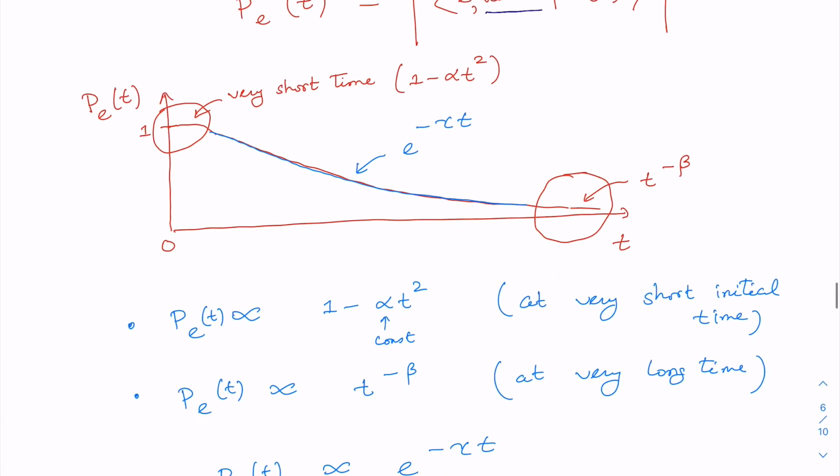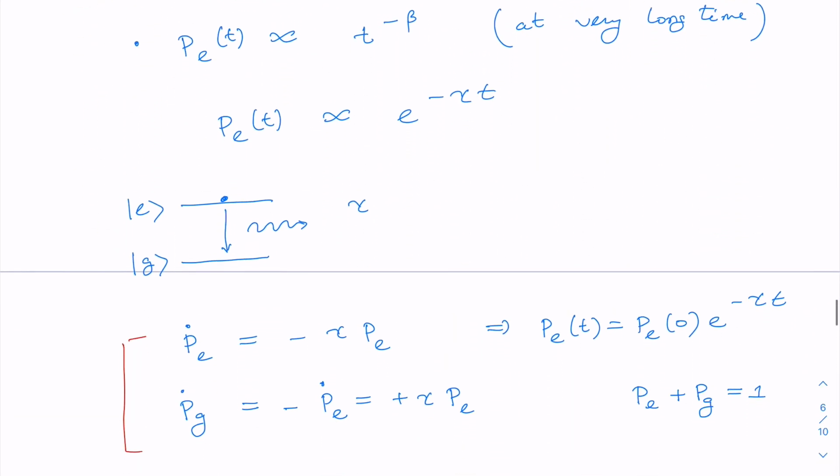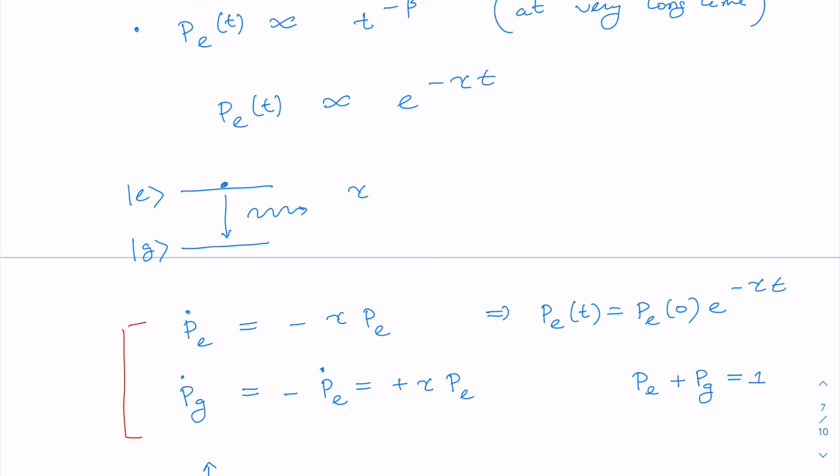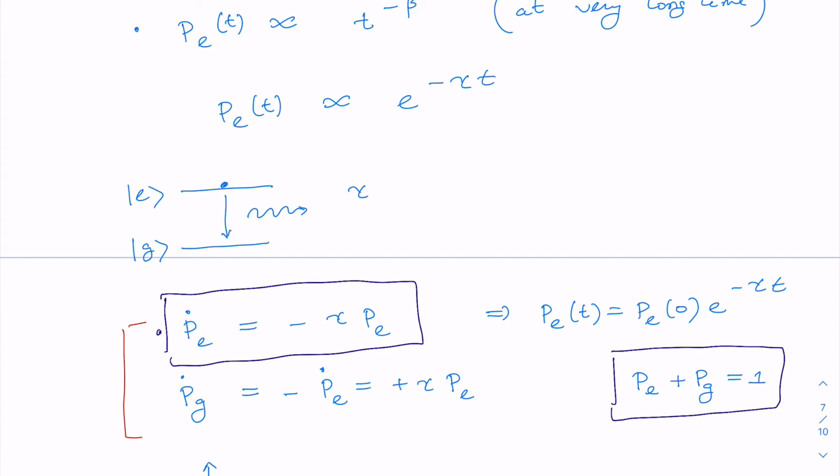This can be taken into account by a very simple model, where we write these two equations. The rate of change of the probability of the excited state decays by this expression, and because the total probability has to equal unity, the corresponding equation for the ground state can be easily written.